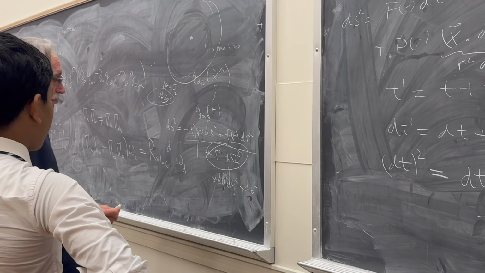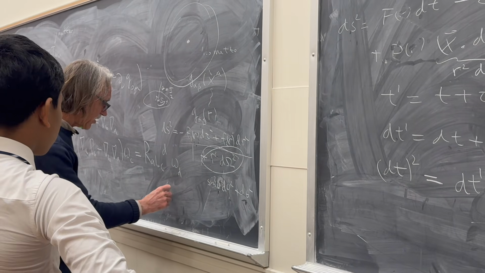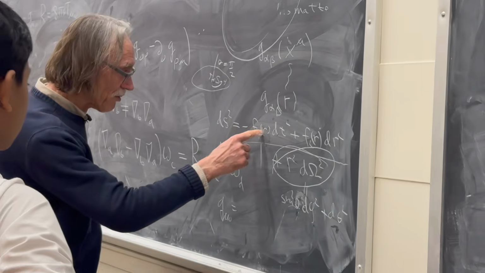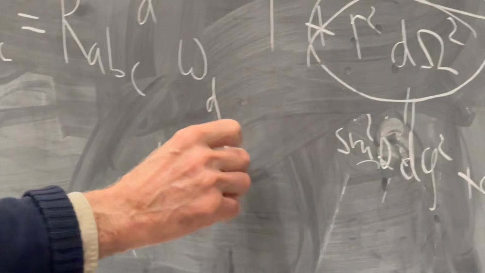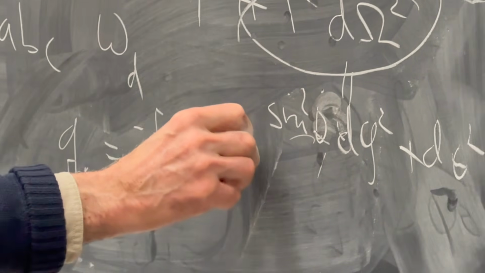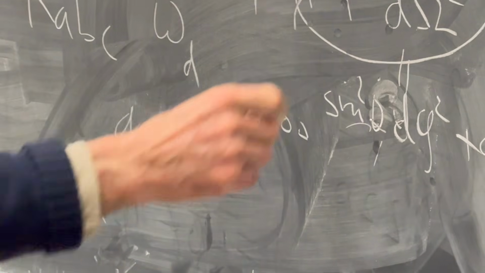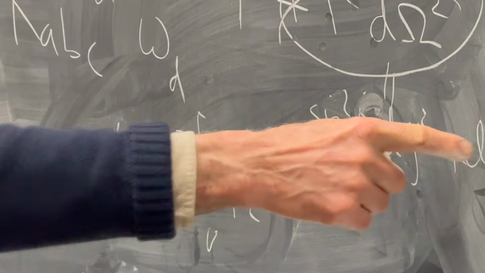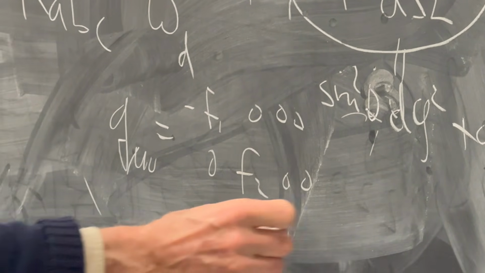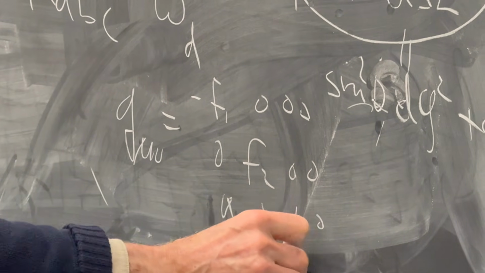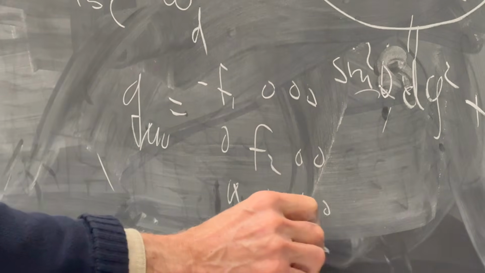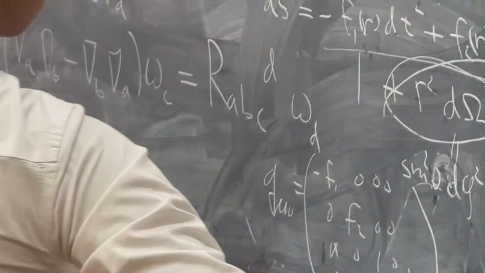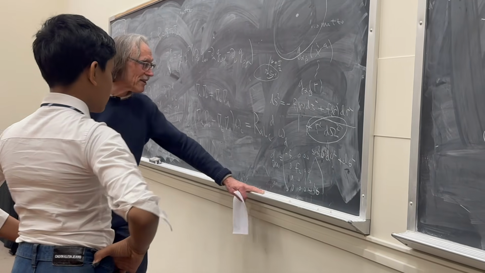So in this case, the metric tensor g mu nu is equal to minus f1, then 0, 0, 0, 0, r is the second coordinate, that is f2, 0, 0, then theta is the third coordinate, so it is 1, and then phi is the last coordinate, that is sine squared of theta. So this is the metric tensor. It is greatly simplified.